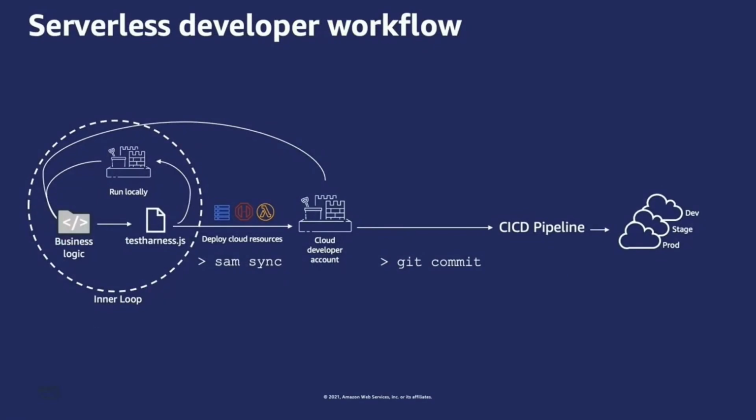So here's my full serverless developer workflow. I have my inner loop where I'm still testing locally using my local CLI, and I provide my event payload and my local variables to my test harness. Then once I've finished the quick local testing that I need to do, check that my syntax is correct and all that stuff, I'll use SAM Sync to synchronize my application with a cloud development environment.